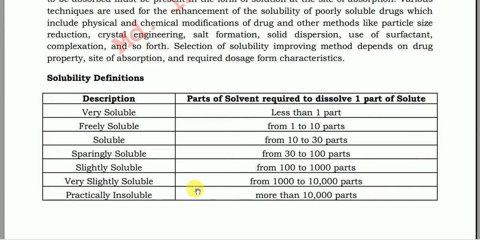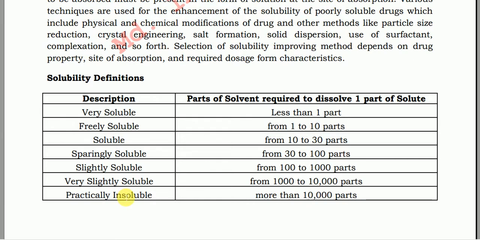And practically insoluble: after you have taken 1 gram of solute and applied solvent beyond 10,000 gram, your solute is still insoluble, so we will call it practically insoluble.